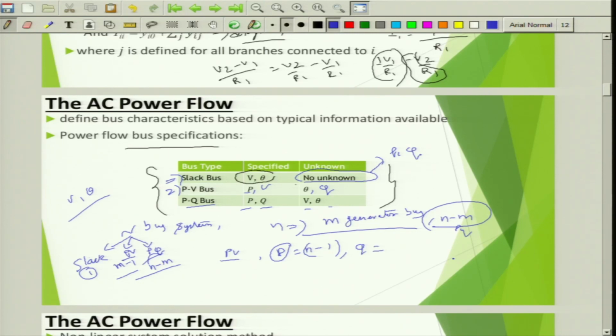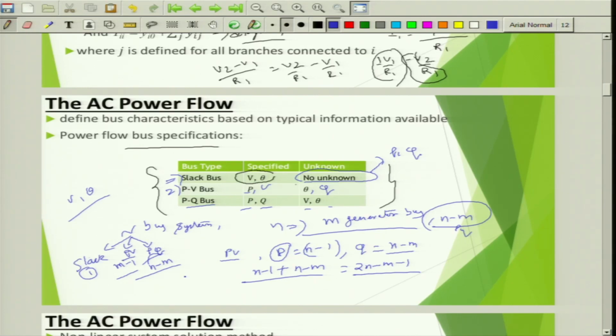In the PV bus and slack bus we do not know Q, so it will be n minus m. So how many known parameters are there? n minus 1 plus n minus m, so it will be 2n minus m minus 1. These are the things we know, the active and reactive power.